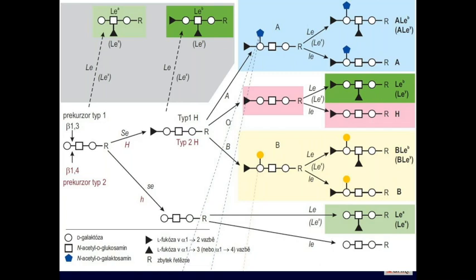On this rather complicated slide, you can see the way A and B, or non-A, non-B, so the O phenotype, are created by the action of glycosyltransferases A or B. And on the lower part of the slide, you can see the backbone for the Bombay phenotype when non-active genes regulating the H antigens are present.